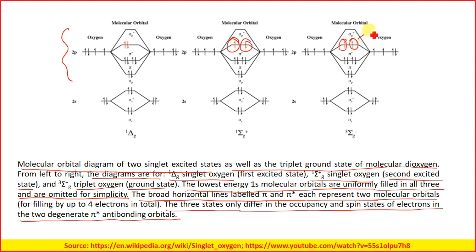Now this is in the triplet state, this is in the singlet state, this is also in the singlet state. But in all of these, we are having pairing up of electrons, over here and over here also. So we can find there is some pairing of electrons and they cancel each other.